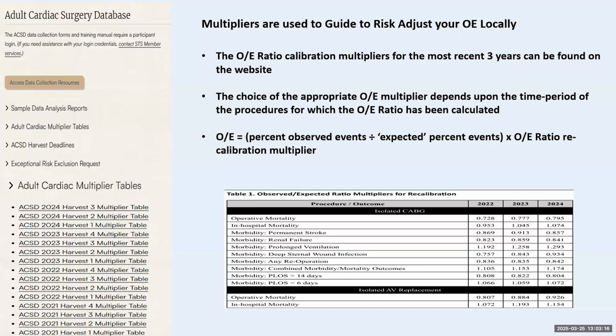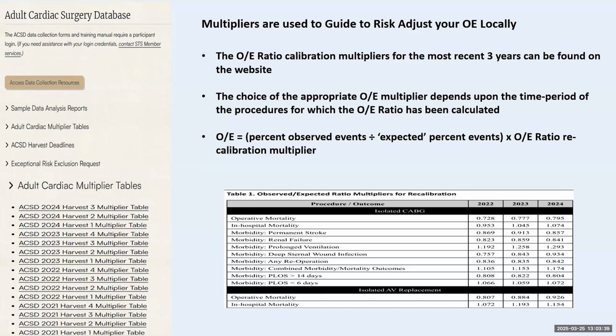Okay, I'm not going to spend a lot of time on this, but there is a way for you to risk adjust your OE locally. I have several slides here that were actually developed by Miss Judy Smith from Charlottesville, Virginia.